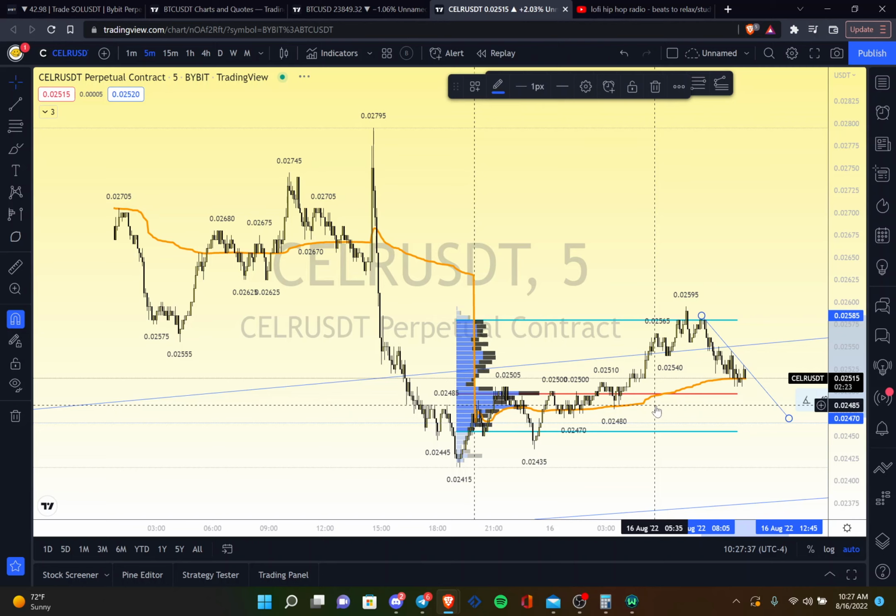I do see it trying to attack this one more time, and if it fails off of here, then this trend line is going to play the role of support, and that will eventually break down, going towards the level that we have printed already. So this bottom level here.